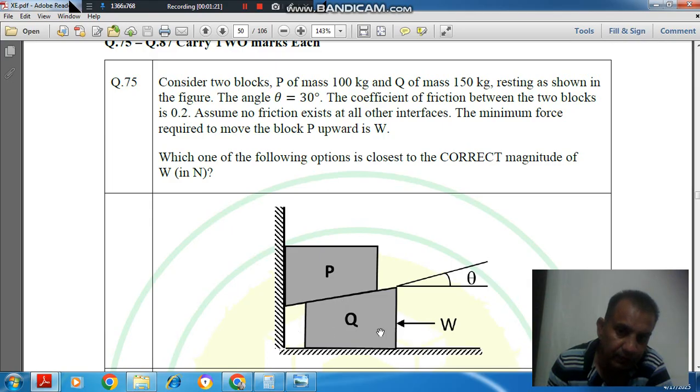Now if we apply force W here, then this wall will also apply a reactive force which will cause P to move up.